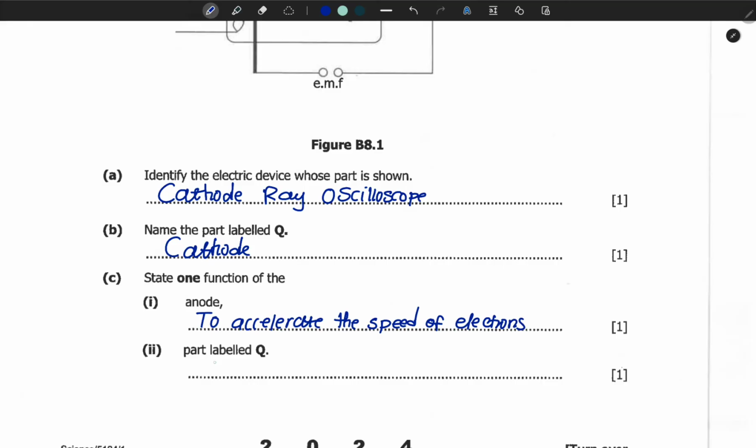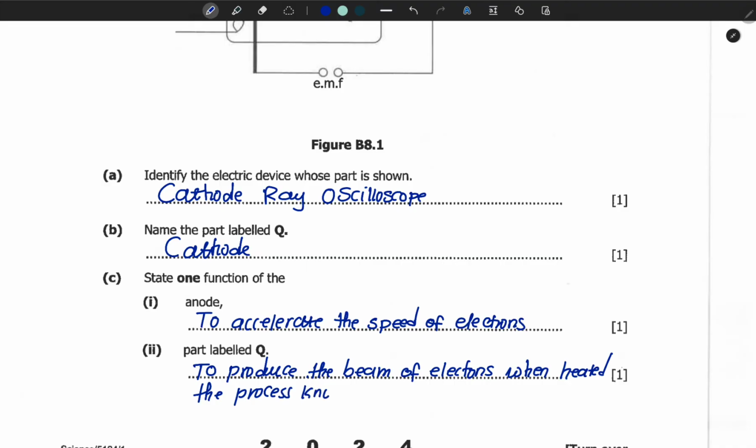Then the part labeled Q is to produce the beam of electrons when heated, through the process known as thermionic emission.